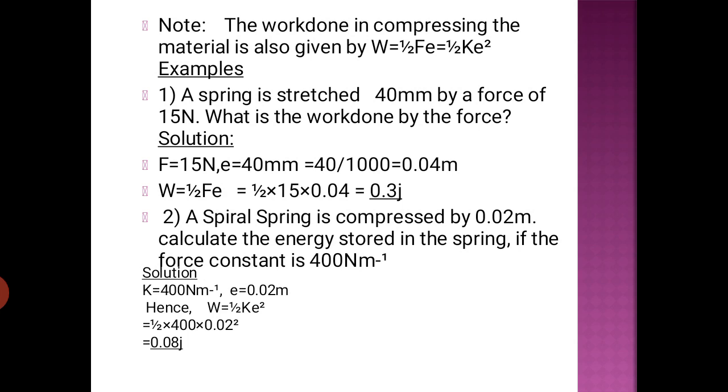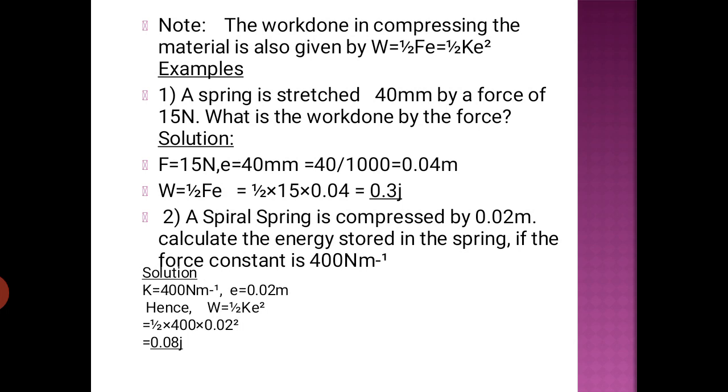Write out all the things given to you. F, that is force, is given to be 15 newtons. E, that is extension, is given to be 40 millimeter. Convert it to meters by dividing 40 by 1,000. Then you have 0.04 meters.